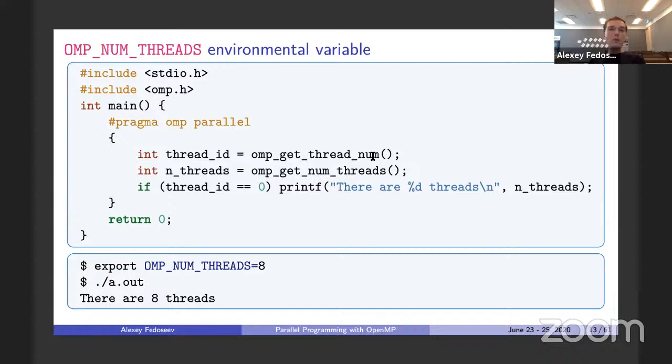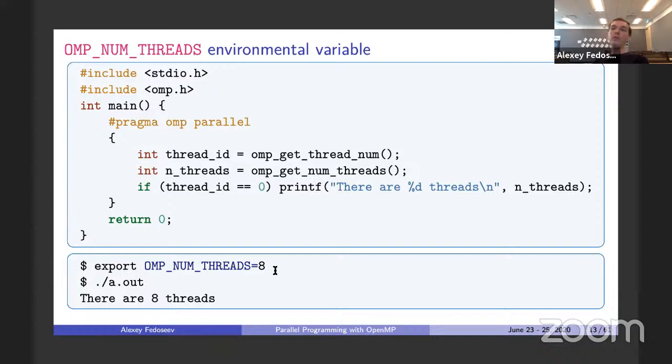So notice that my code does not explicitly ask for any number of threads. If I'm just running this code on my computer, by default, I'll get 4 threads. If I move the same code onto Niagara, it will give me 40 threads, most likely. But if I say that I'd like 8 threads by setting the variable OMP num threads to 8, the first command here is a bash command, export OMP num threads equals 8. Running this command gives me 8 threads.